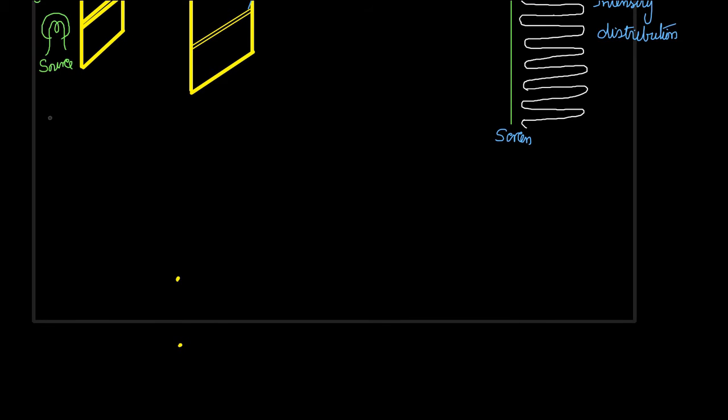These two sources are separated by a very small distance d, equal to small d, which is in millimeters. Nearly 1 meter away from the coherent sources, a screen is arranged. On the screen, the interference pattern is obtained.